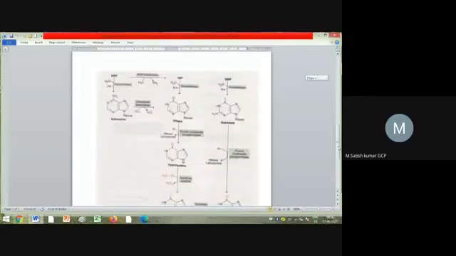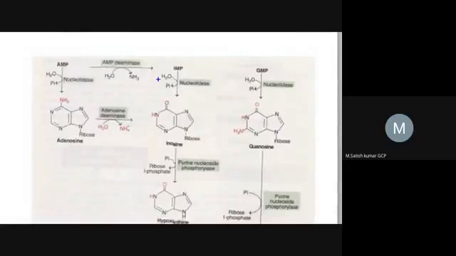In the second reaction, what is happening? In the presence of nucleotidase enzyme, the phosphate molecule will be separated. As we know, AMP, adenosine monophosphate, consists of one phosphate molecule.